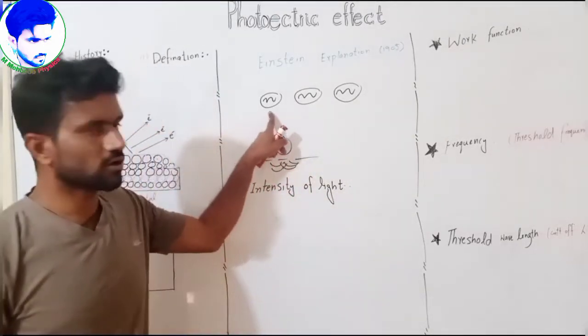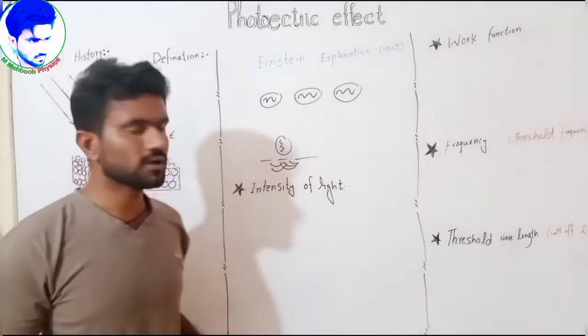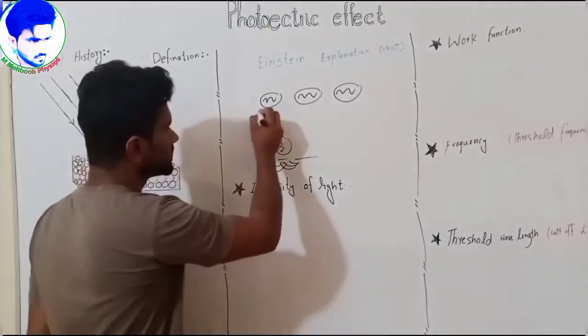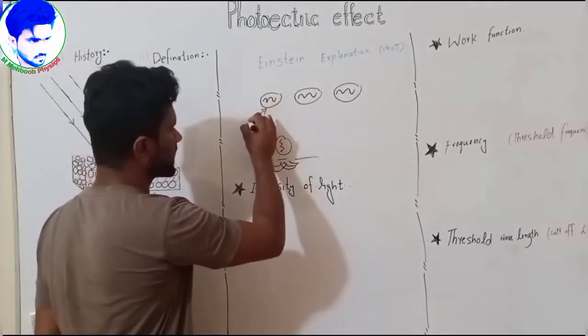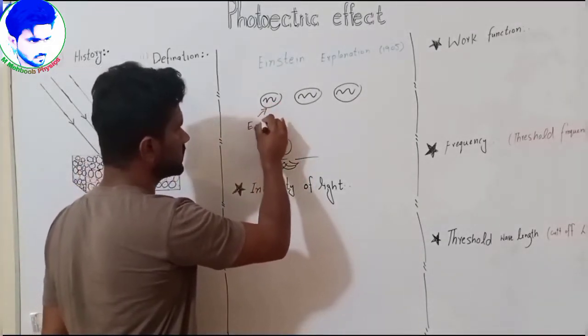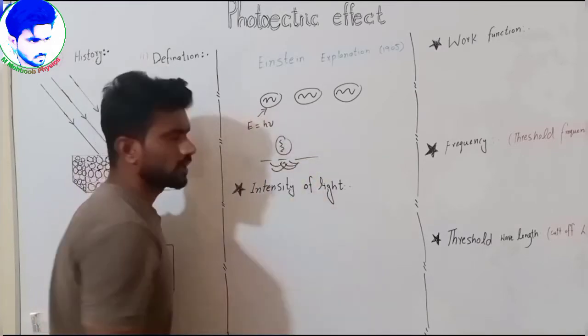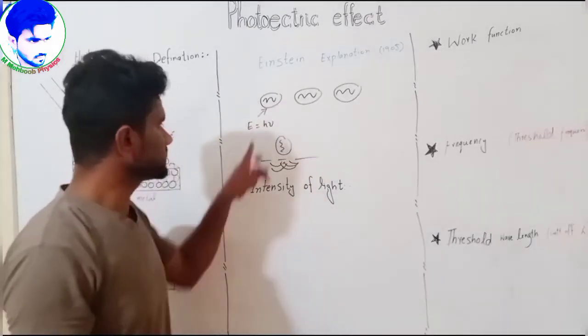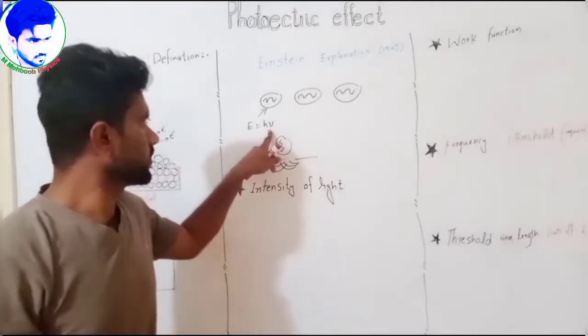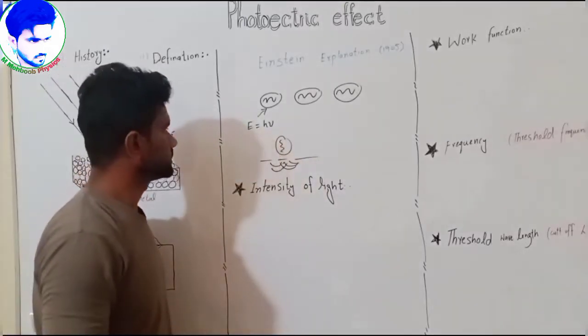Then we can say that even a single photon has wave nature, and this photon of light has energy E equal to h nu, where h is Planck's constant and nu is the frequency of that light photon.